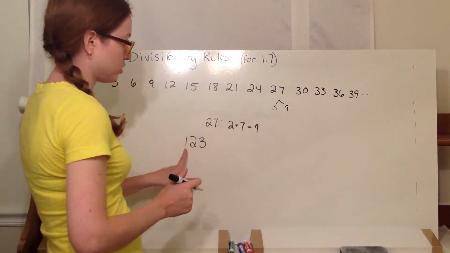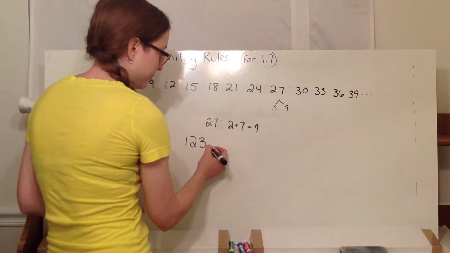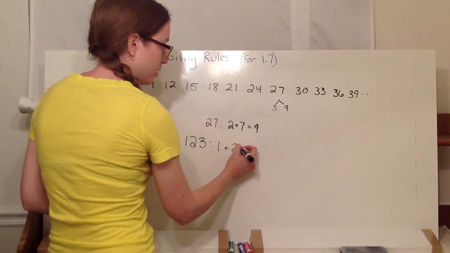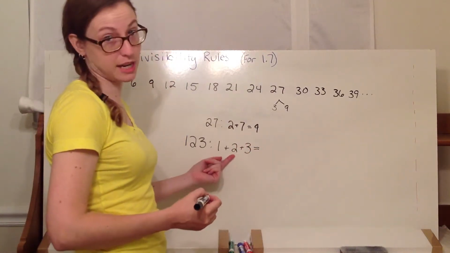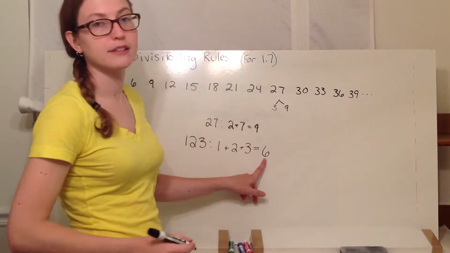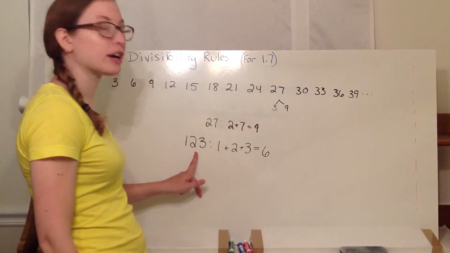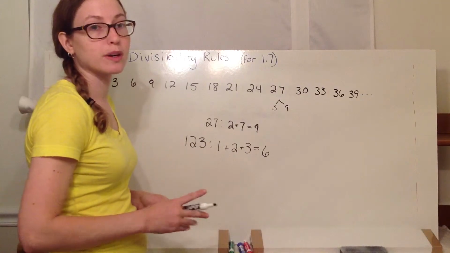Again, we're going to take each digit in the number and add them up. So we have 1 plus 2 plus 3. 1 plus 2 is 3. 3 plus 3 is 6. 3 is a factor of 6. Right away, that lets us know there is a 3 factor of 123.